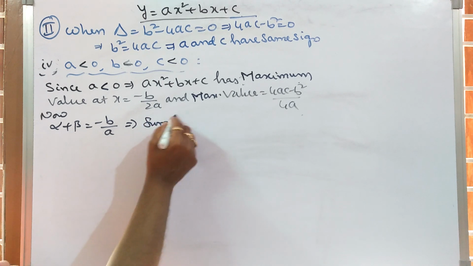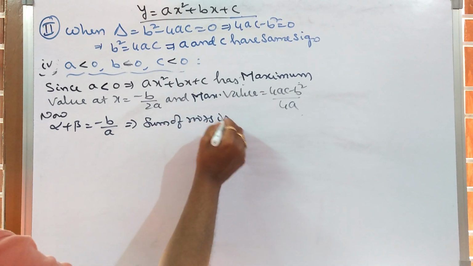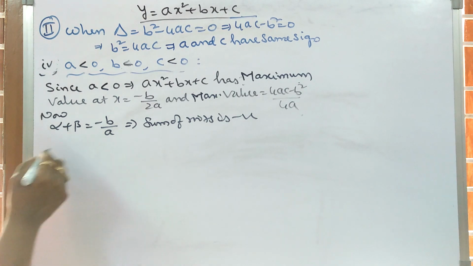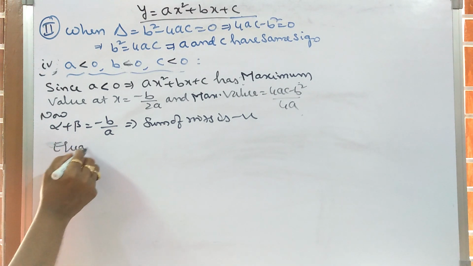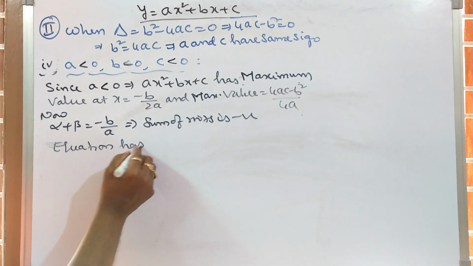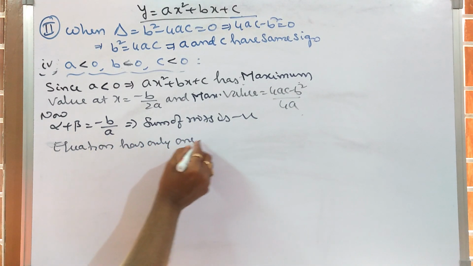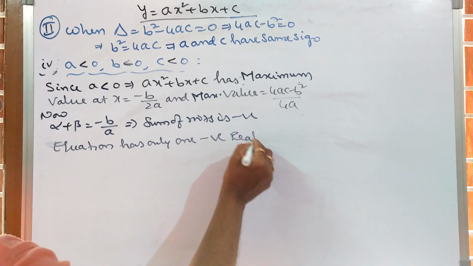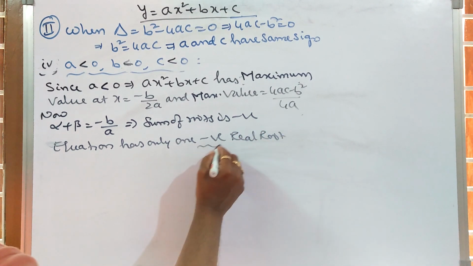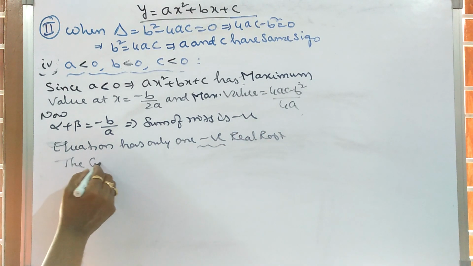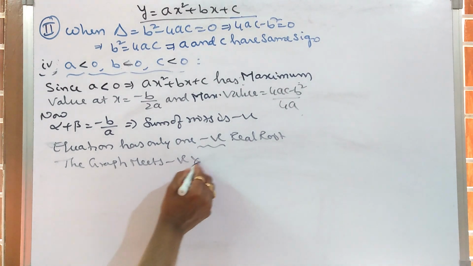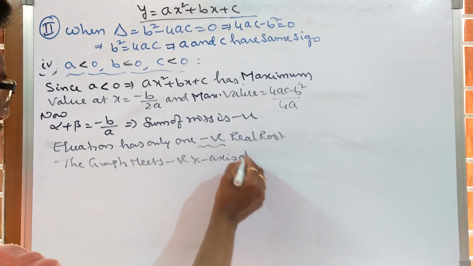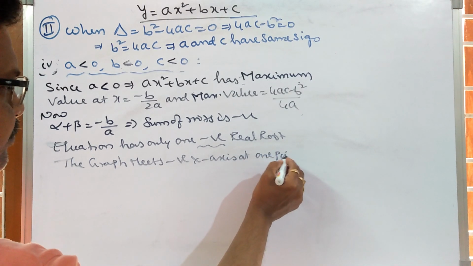So the sum of roots is negative, which means the equation has only one negative real root. So the graph meets the negative x-axis at one point.